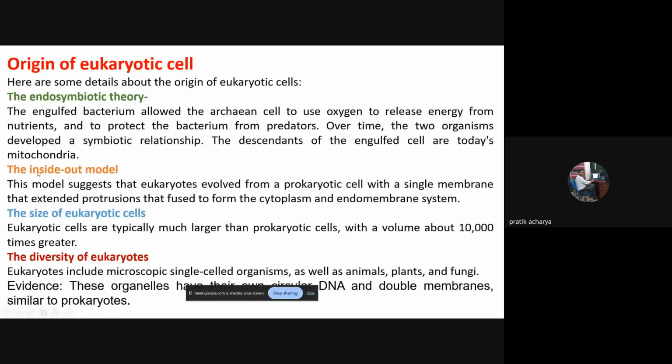Okay. Now, the diversity of eukaryotes includes microscopic single cell organisms as well as animals, plants, and fungi. Single cell eukaryotes generally have a nucleus.